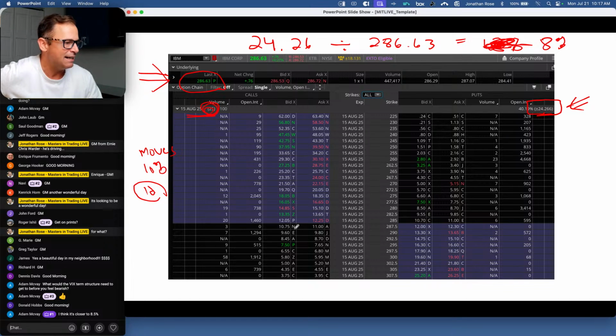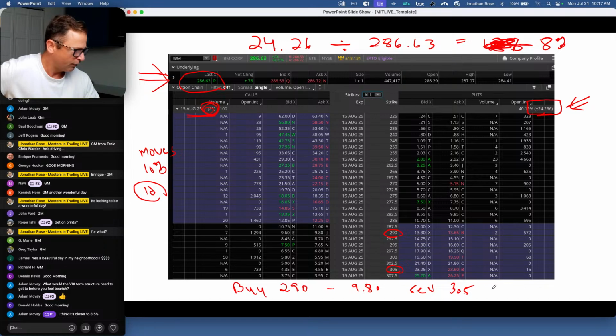I'm not going to share a trade in IBM. I like the long stock. You could play for long upside calls if you want. The problem is these are kind of expensive. Maybe you can do the 290, 305. If somebody's looking for a trade out there, you can buy the 290s for 980 and sell those 305s for 455.